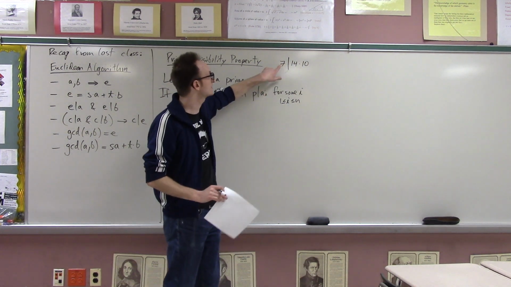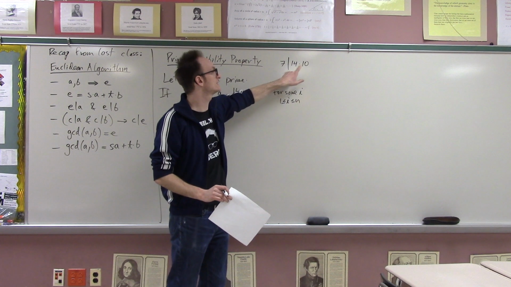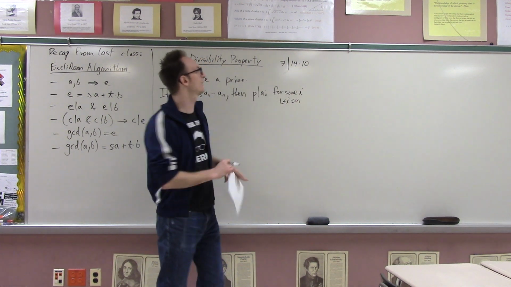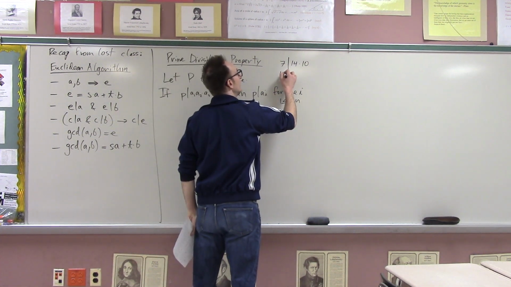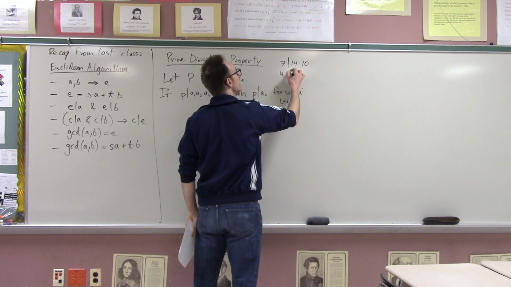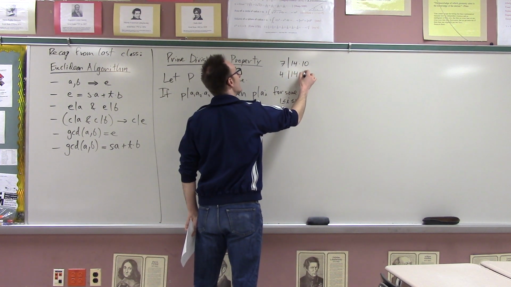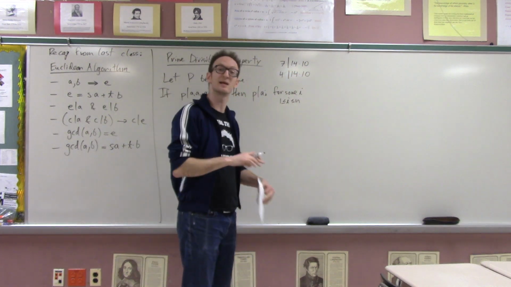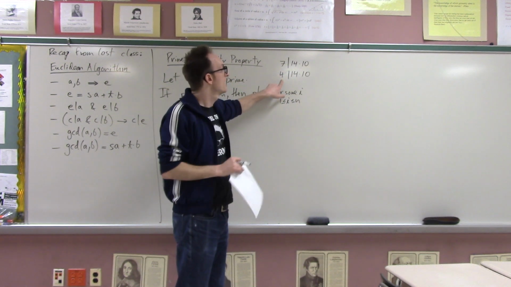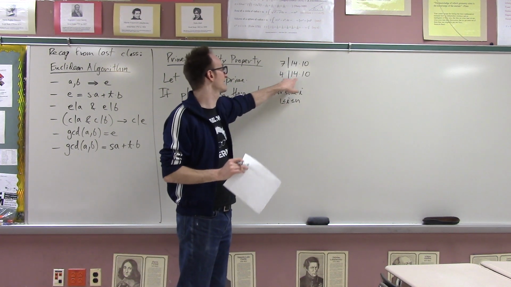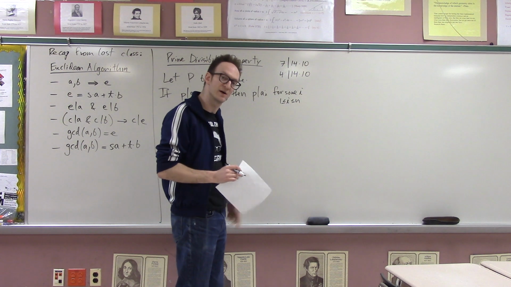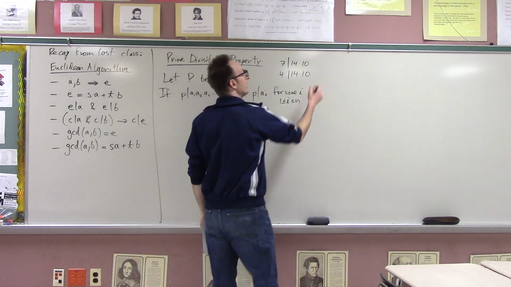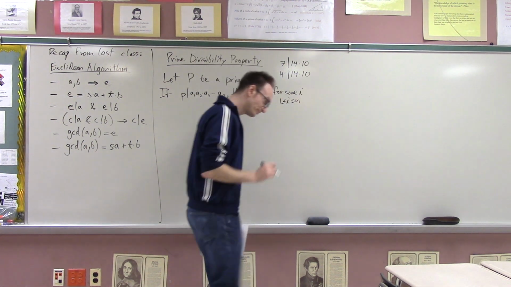It's not possible for 7 to be partly in 14 and partly in 10. Whereas with 4, it certainly is possible for 4 to divide 14 times 10, 4 not being prime, but not divide either of those two. So this is a fact about prime numbers.